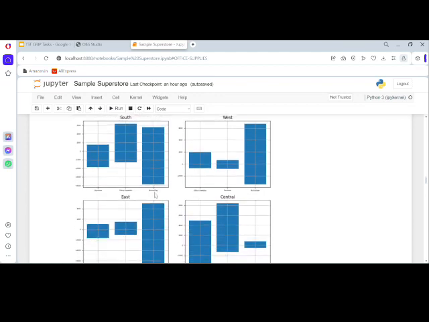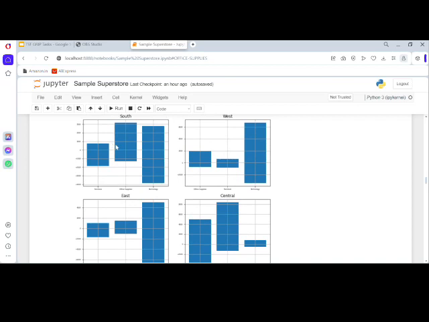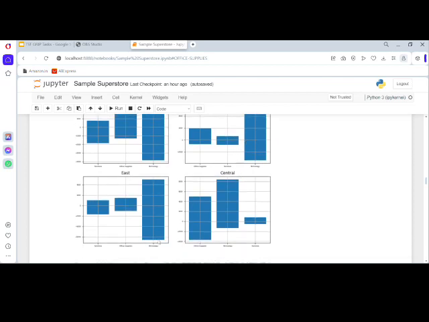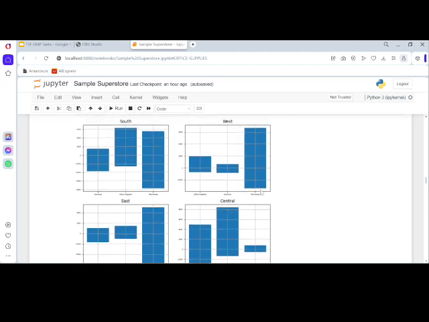So in South, office supplies sells the best, while in West, technology, East as well, technology, and Central, technology. So we can see how technology is evolving, and the main selling factor in each region is technology.